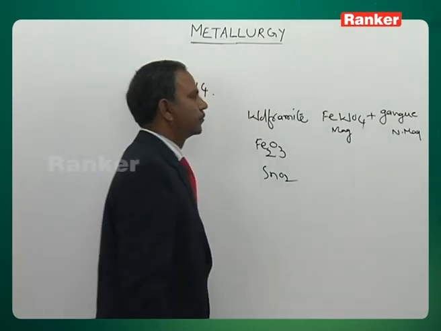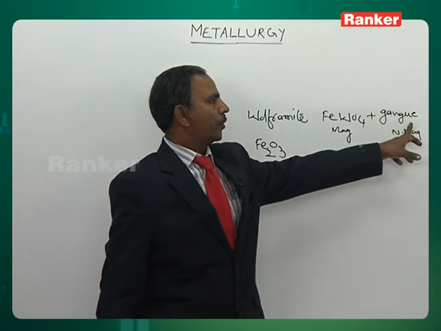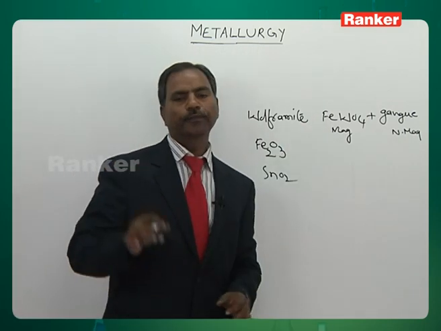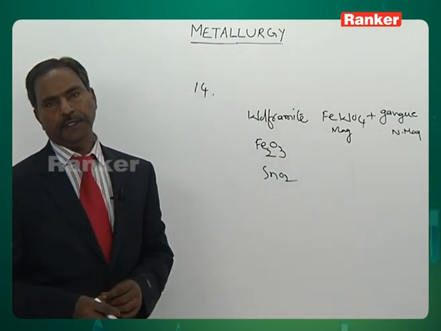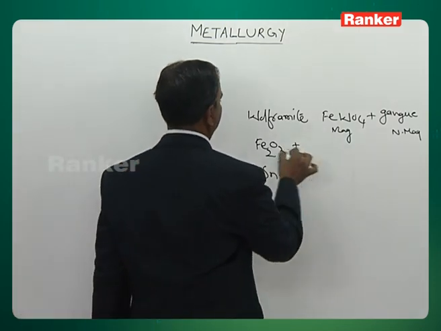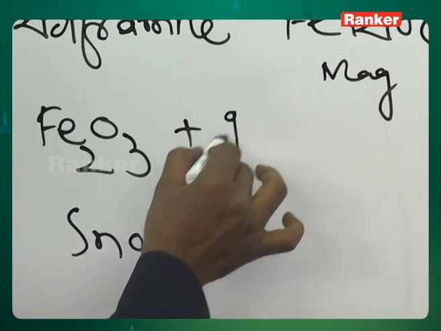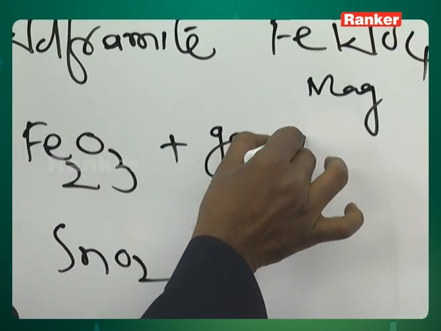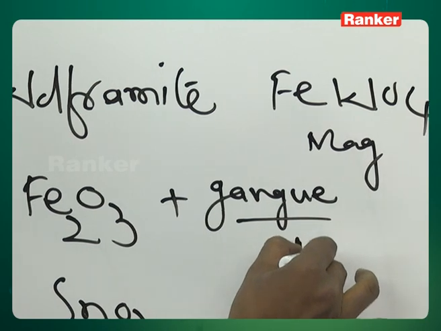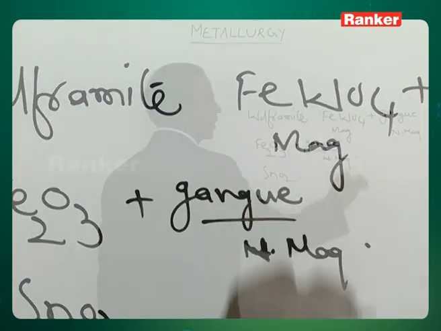impurity will be there. For separation of non-magnetic impurity from magnetic ore, we apply electromagnetic separation. Coming to hematite, yes, iron ore, this is magnetic, and some non-magnetic impurity can be removed by magnetic separation.